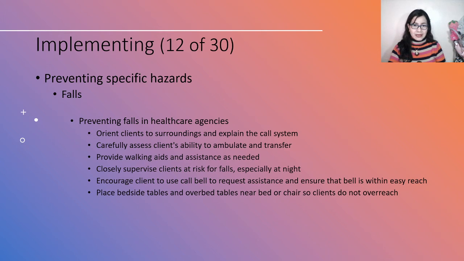Closely supervise clients at risk for falls, especially at night, and encourage the client to use the call bell. Place the bedside tables and overbed tables near the bed or chair so that the client will not overreach.